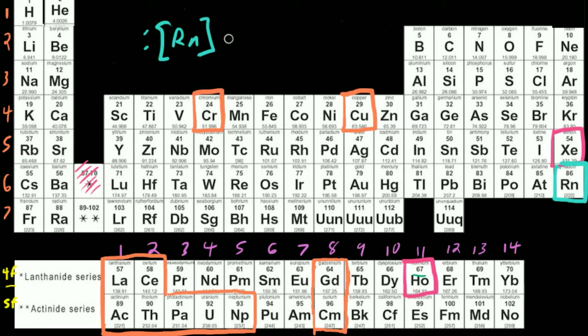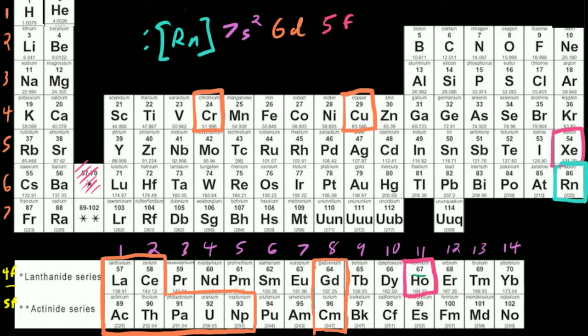Maybe I'll just write in, all of these we're going to expect to have a 7s2. And then for all of these, we might see a 6d something, and we also might see 5f something.